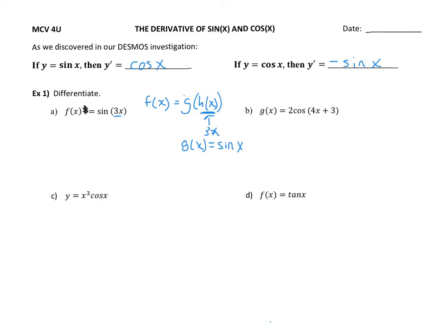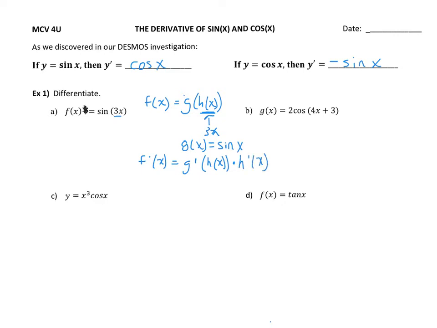So looking at that, remember the chain rule just says f prime of x will be the derivative of the outer function, g prime, at the inner function, times the derivative of the inner function. So this is what we're looking at using here.